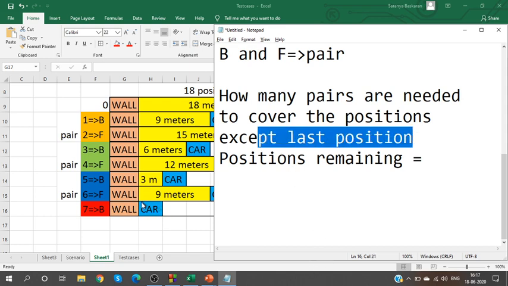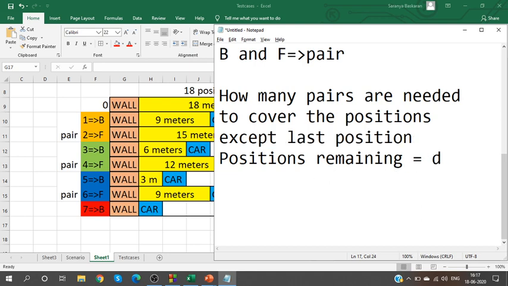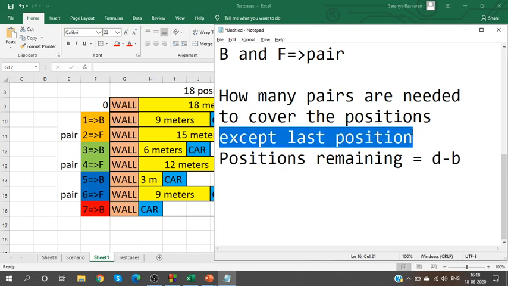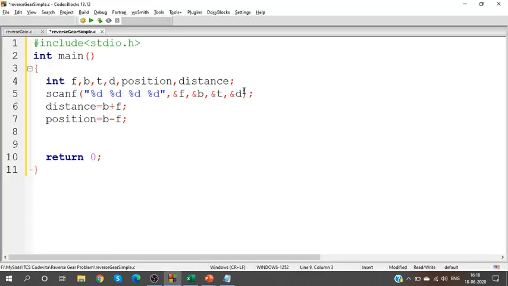The last set is going to be a backward movement. So from the total distance, eliminate the backward distance. That means the last position is eliminated. If the last position is eliminated, the remaining positions are D minus B.